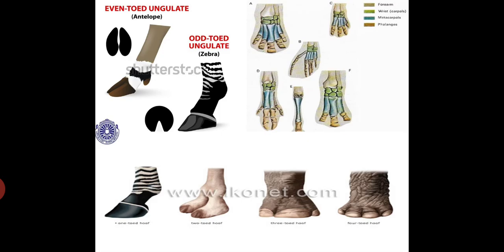And here on the right hand side of this slide, you will be observing the bones of those particular ungulates, the different types of ungulates. And here again in the lower part of this slide, you will be observing the different patterns of such hooves in the different members of this order Ungulata, and this is again for your extra information.